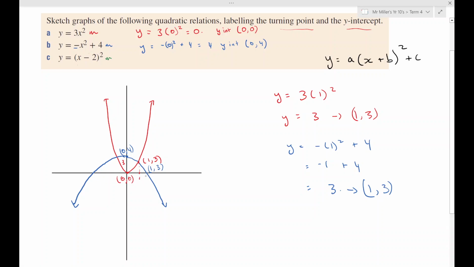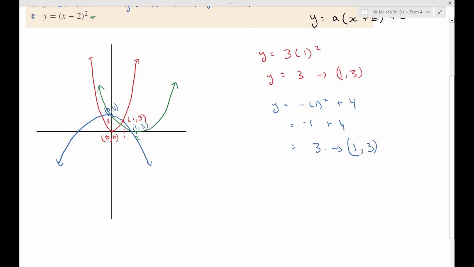Here was x is 1, we'll say x is 2, and we've just got a dilation factor of 1. So the shape would look basically like the reflection in the x-axis of this blue parabola. Estimating that, it would look something like this. Oh, something like this. Just a rough estimate.